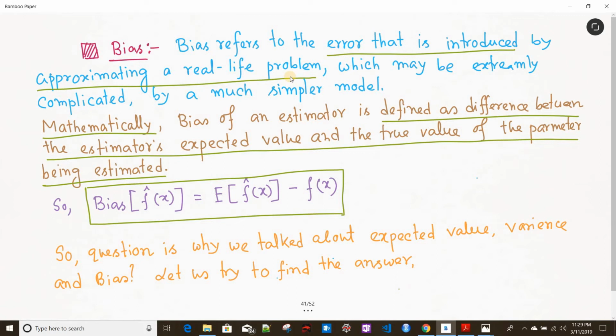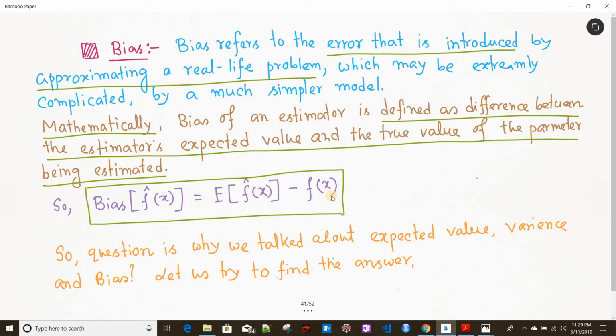Now mathematically the definition of bias is very simple. It is the expected value of output minus the actual value. Now we introduce three terms: expected value, bias and variance.